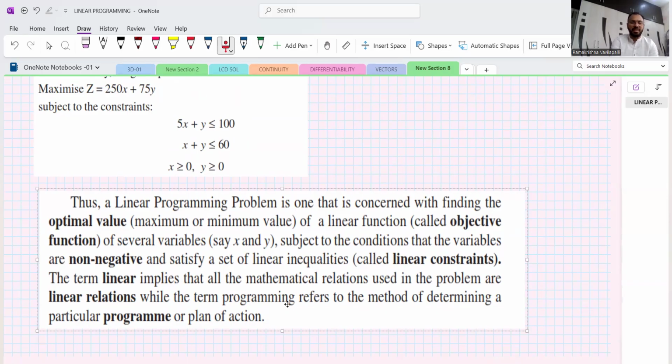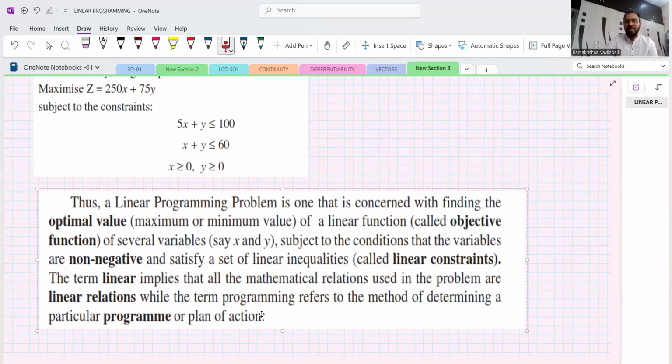Well, the term linear implies that all the mathematical relations used in the problem are linear relations, while the term programming refers to the method of determining a particular program or plan of action. So in order to get maximum profit, what kind of program can we execute?